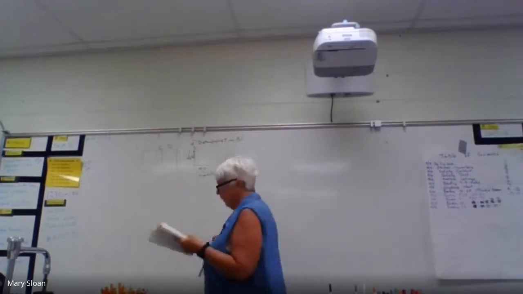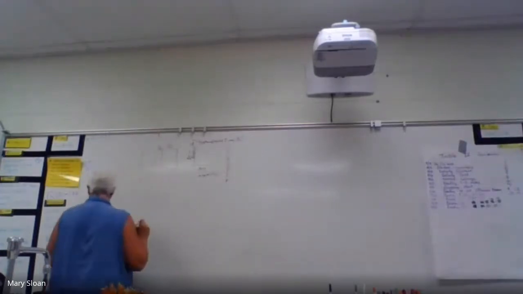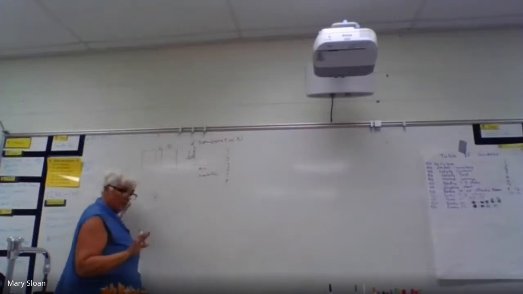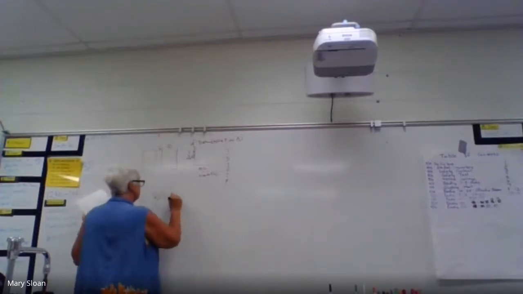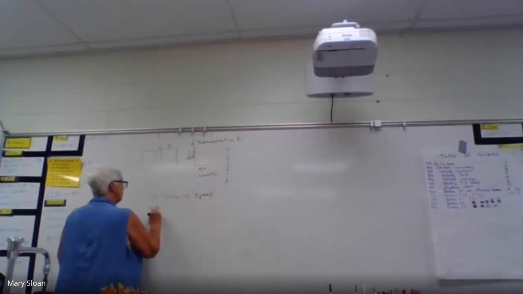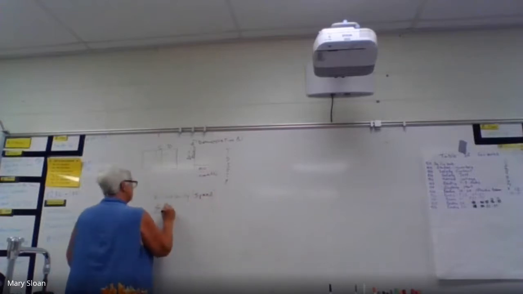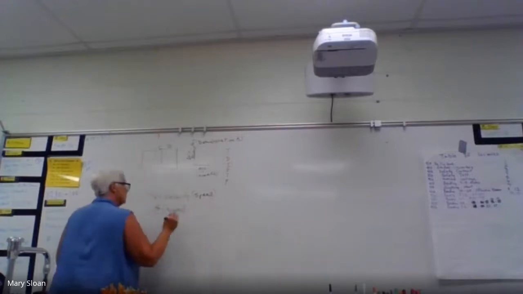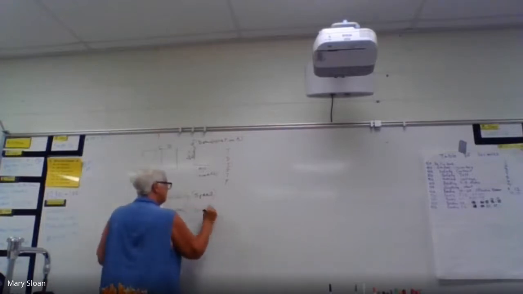Okay? So when we have equations, we want to make sure that we understand the different variables. The first one I want to talk about is V, which most of the time talks about velocity, which has to do with speed. We also have this funny looking E, which is called sigma, which denotes sum or total.